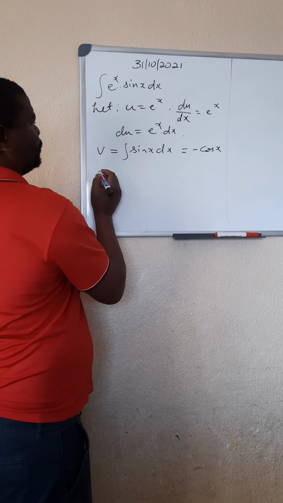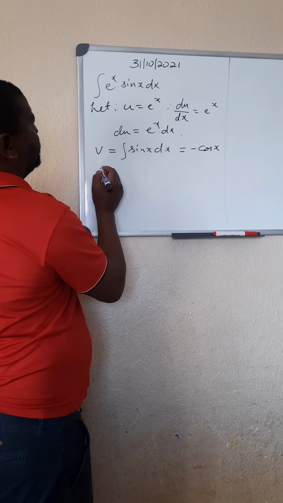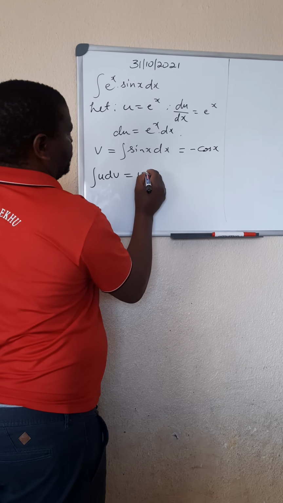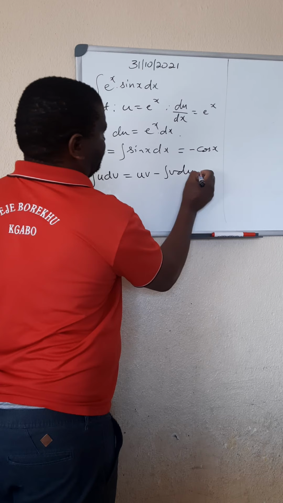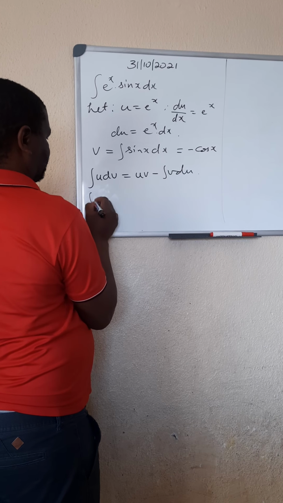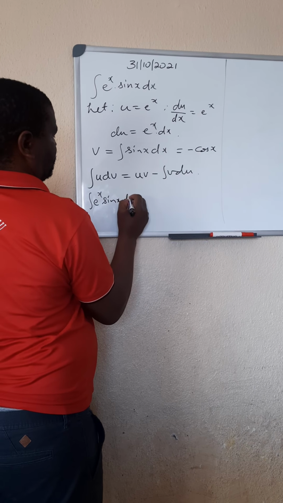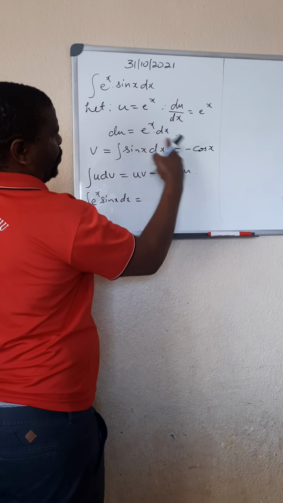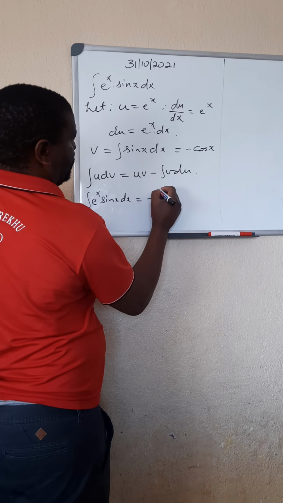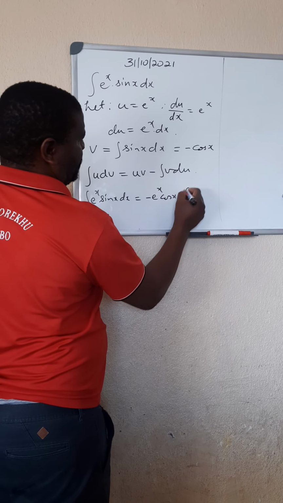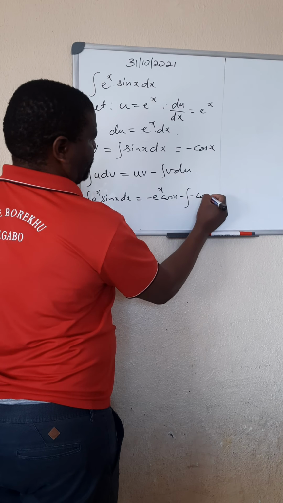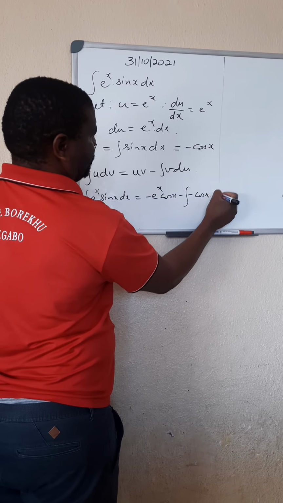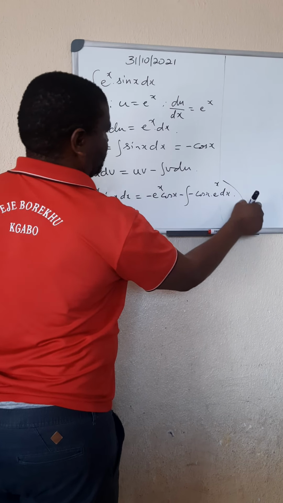Now, this means that our integration of u dv is uv minus the integral of v du, which means that the integral of e to the x sine x dx is the same as uv minus the integral of v du. What is du? du is e to the x dx.